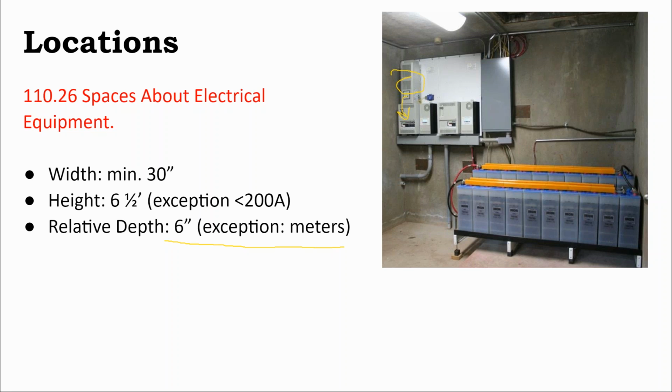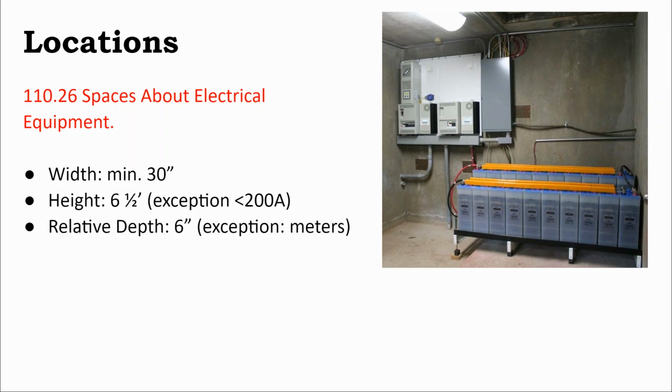Sometimes that can come into room layout planning, like if you have a gutter and equipment that sticks out far from the wall, you may need to have the gutter offset from the wall a little bit. Mainly what I see is with floor mounted batteries, like in this case, you've got to watch out for. So 6-inch depth, 6.5 feet height.